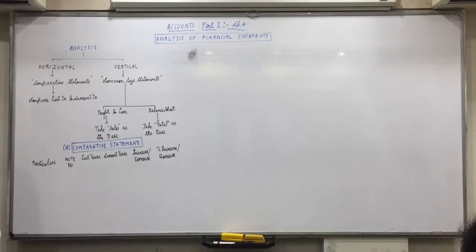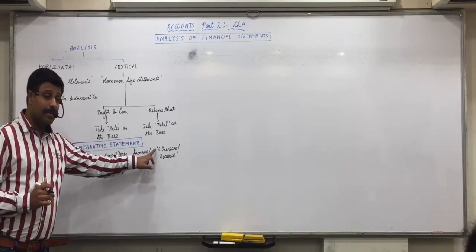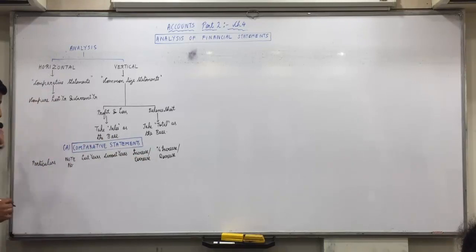Maybe an increase of 1 lakh, but against 1 crore, an increase of 1 lakh is very nominal, only 1%. But against 5 lakhs, if it has increased by 1 lakh, then it's 20%. Then you can say the increase is significant. So conclusions can be made only when we express it in percentage.